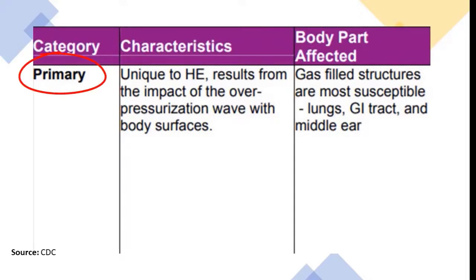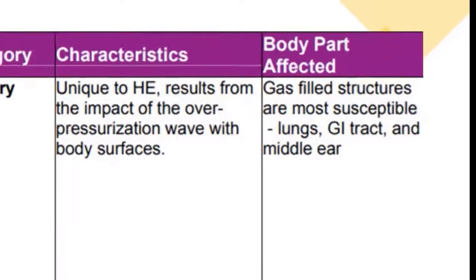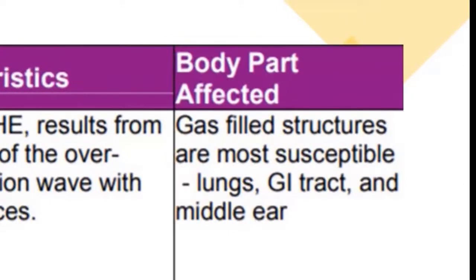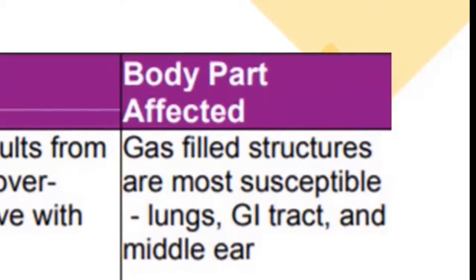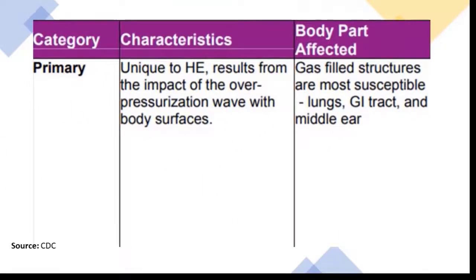When it comes to primary injuries, these are actually caused by that blast effect, that overpressurization wave when it contacts the human body and its various surfaces. Areas of the body that are injured or destroyed can include any gas-filled structures, and these can include the lungs, obviously, the gastrointestinal tract, and the middle ear system. Bad things happen.